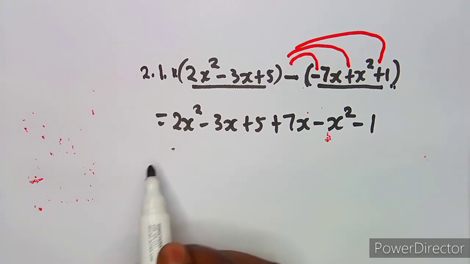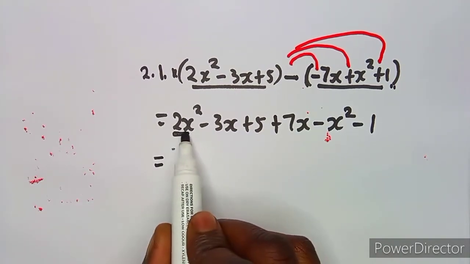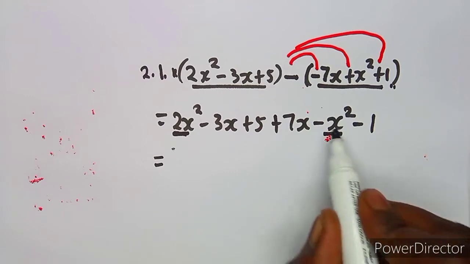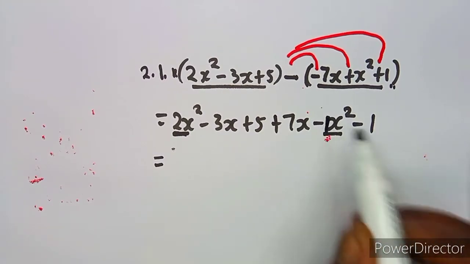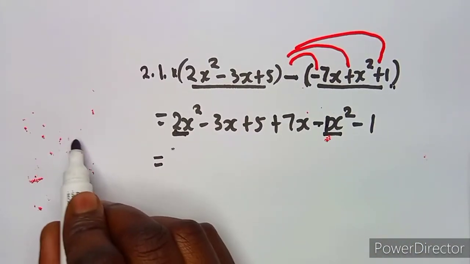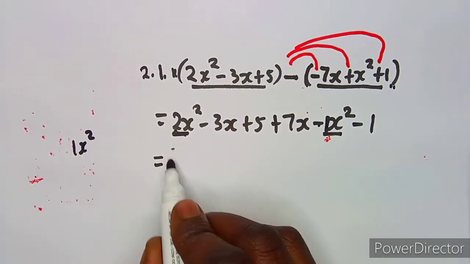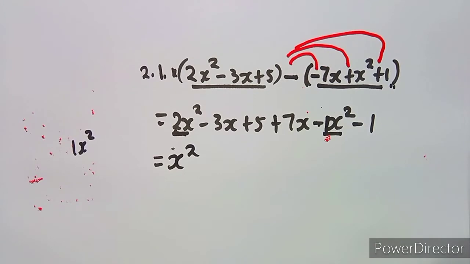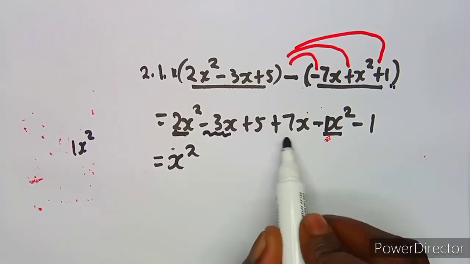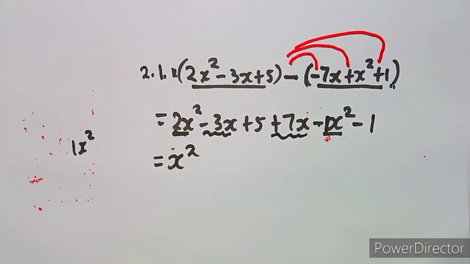So now let's collect like terms: 2x squared and minus x squared. Remember x squared is the same as 1x squared, so it's 2 minus 1, which is 1x squared, just x squared. Then we have minus 3x and 7x.